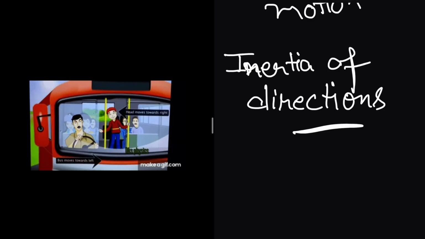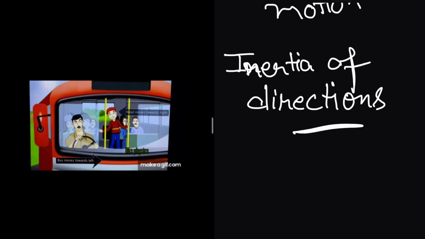What is the meaning of that? A body which is moving along a straight line will continue to move along the same direction unless some external force compels it to change the direction of motion.